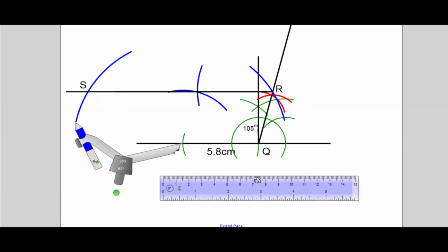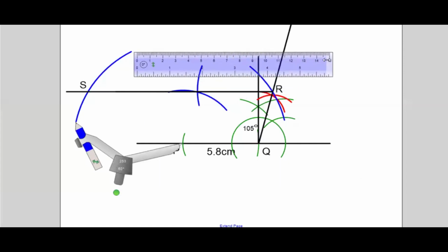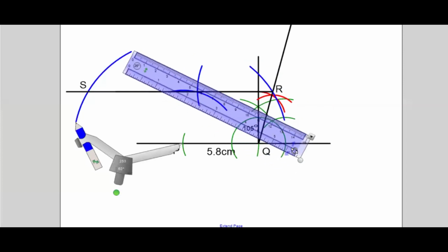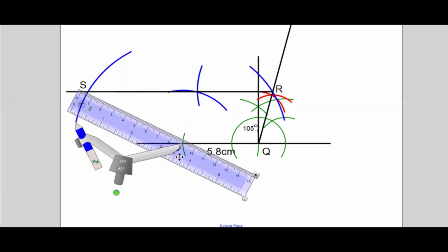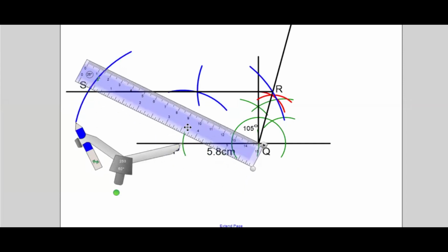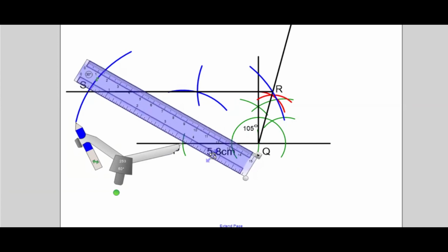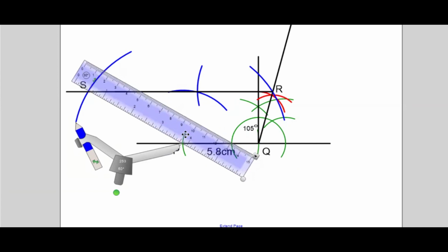I can now use my ruler again. Okay. So I join points P and S to complete the quadrilateral, and we have it this way.